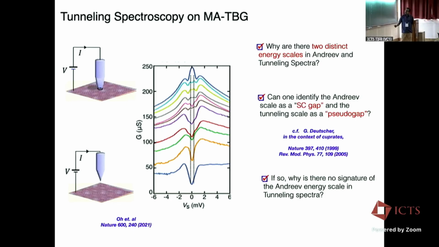And so maybe what the Andreev is seeing is a coherence scale or a superconducting gap, whereas when you are doing the STM, you are just looking at a single particle gap, or what you would call the pseudogap. Okay, so that's, for example, Deutscher in the context of cuprates had tried to ask similar questions and so forth. Okay, so that's one question.